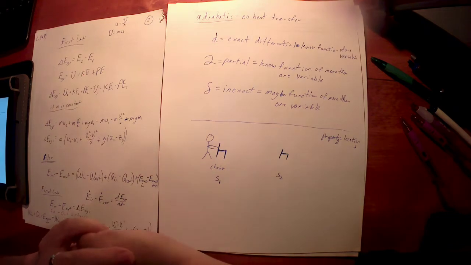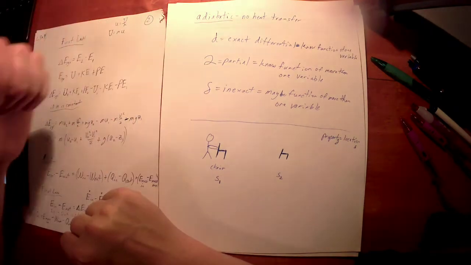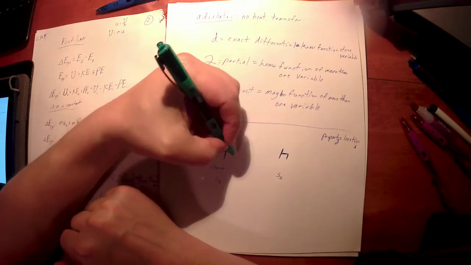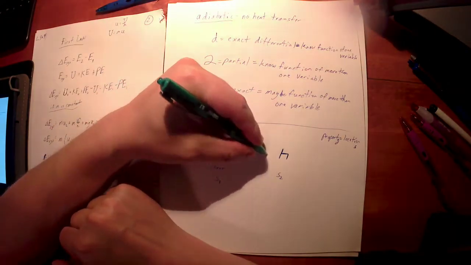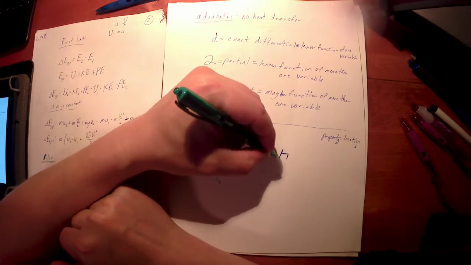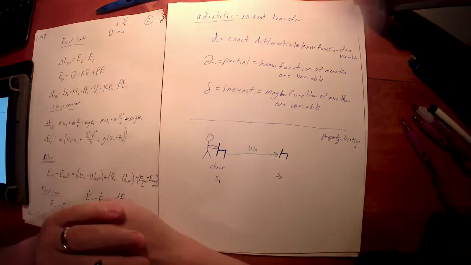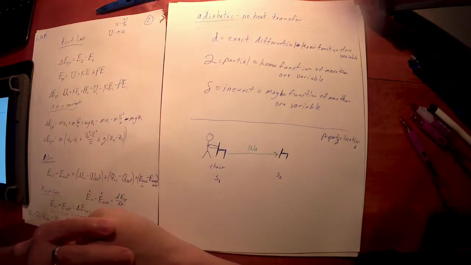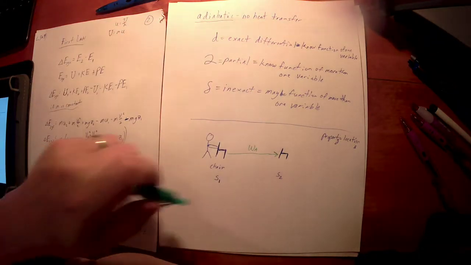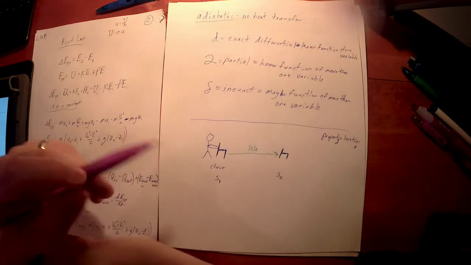That's my property, the location. Now, let's say the way the instructor gets the chair from S1 to S2 is just this. This is work for path A. So that's how the instructor is going to get it from position 1 to position 2.